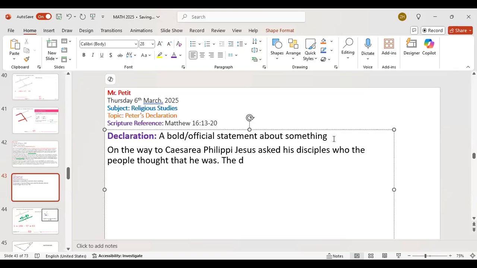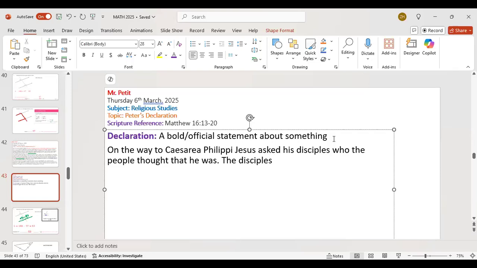The disciples answered when Jesus said, "Who do men say that I am?" Or who do the people say that I am? How did the disciples respond? What did they say? Some say that he is Elijah.